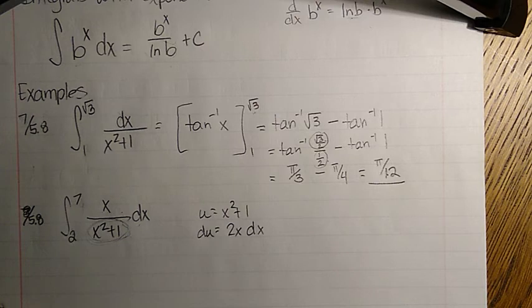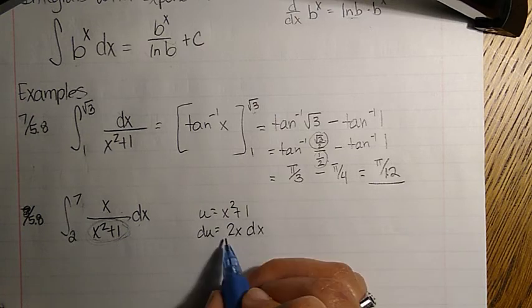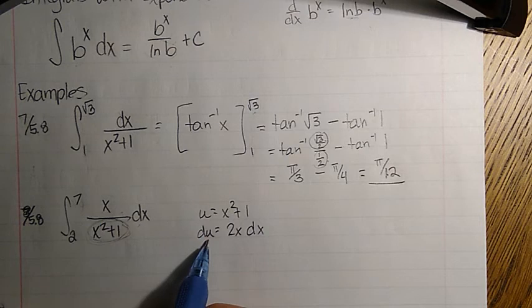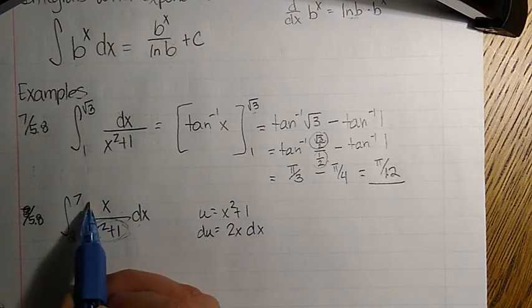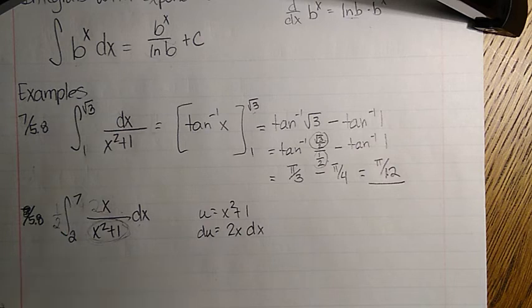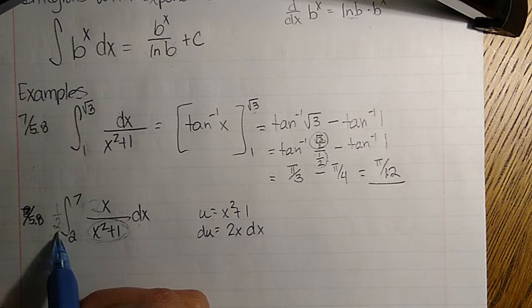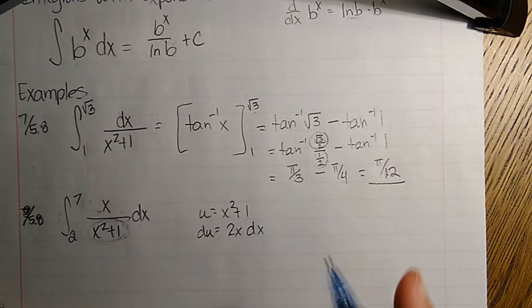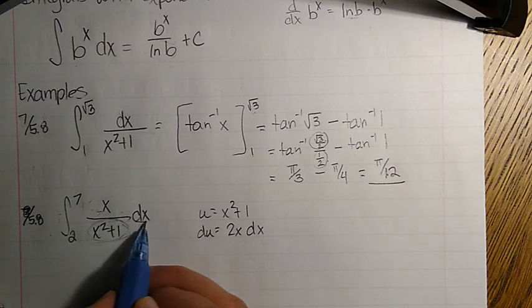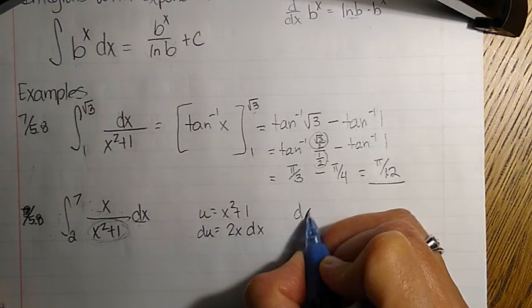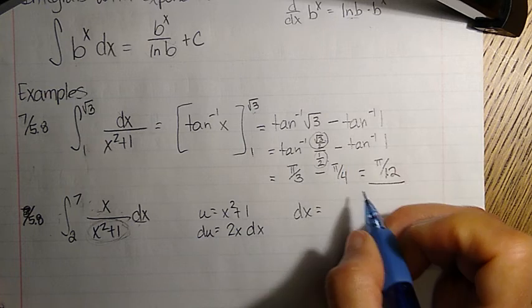And I want to show you a way that you can handle this. You can either say, I would have du exactly if I put a 2 here and corrected my broken equality by putting a 1/2 on the outside of the integral. So I've not changed the integral. I've got 1/2 times 2. Or another technique would be to solve for dx and substitute.